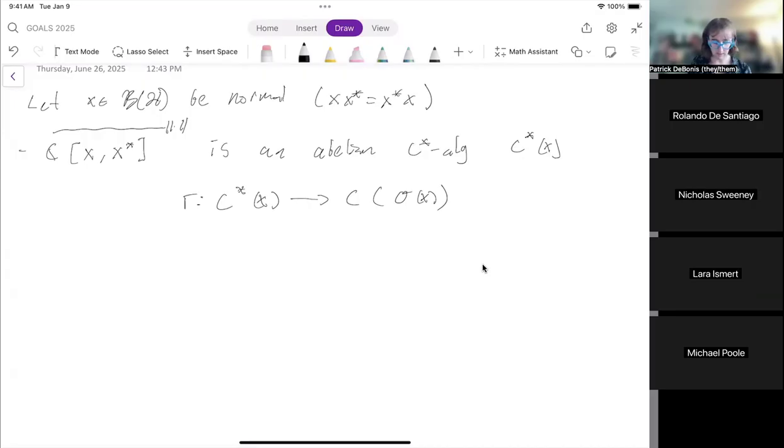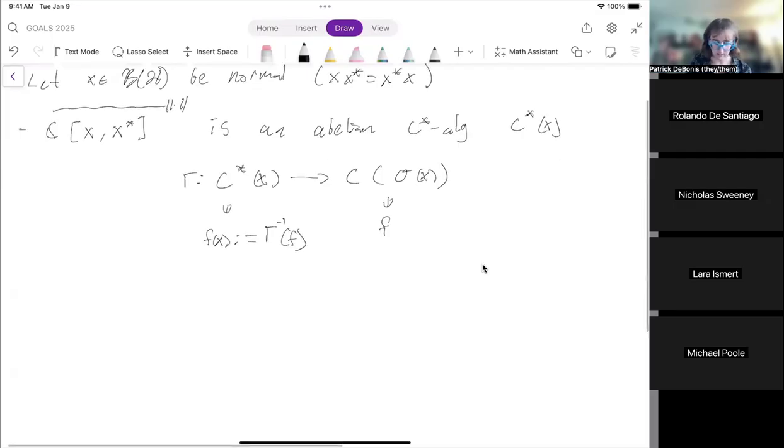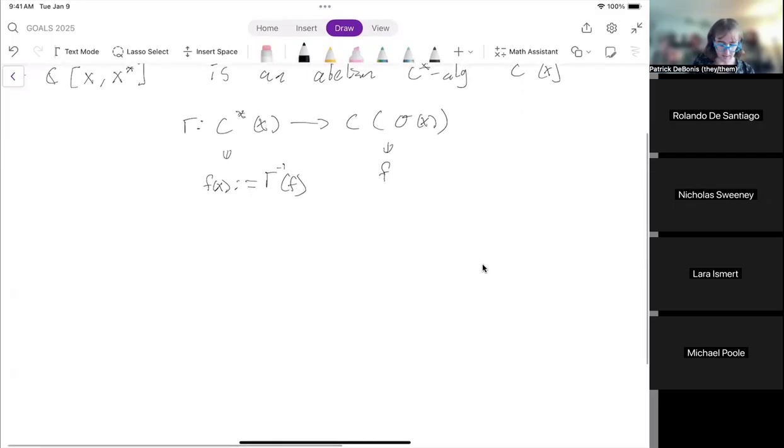The spectrum of this operator is a compact space, and you have a continuous function there, and then you define an operator over here, f of x, which is the inverse of this Gelfand transform, and recall that it has the star algebra structure.